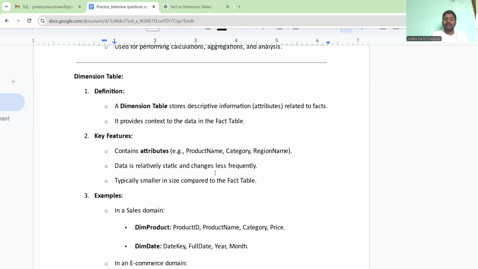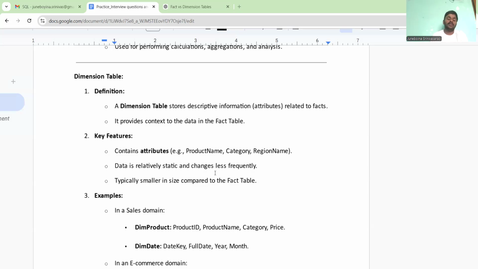Typically smaller in size compared to the fact table. So the data presented in the dimension table is small compared to the fact table. So the data presented in the fact table is large. Sometimes the fact table contains up to 1 billion records.